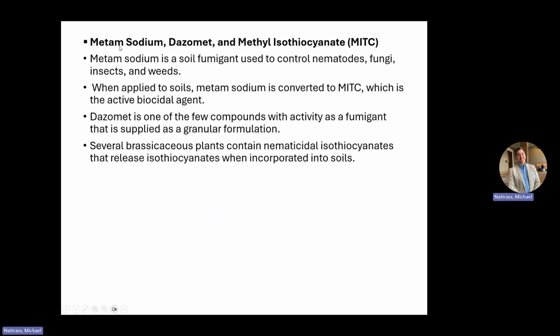Next is metam sodium, and metam sodium eventually gets converted to this methyl isothiocyanate, or MITC, and that is actually what kills or actually works on the nematodes. So it also has the potential to kill all of these things.